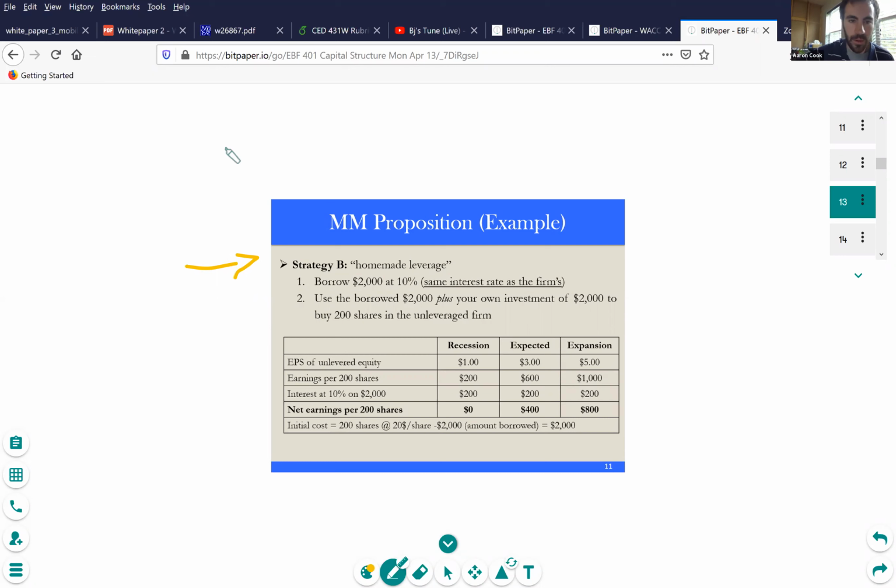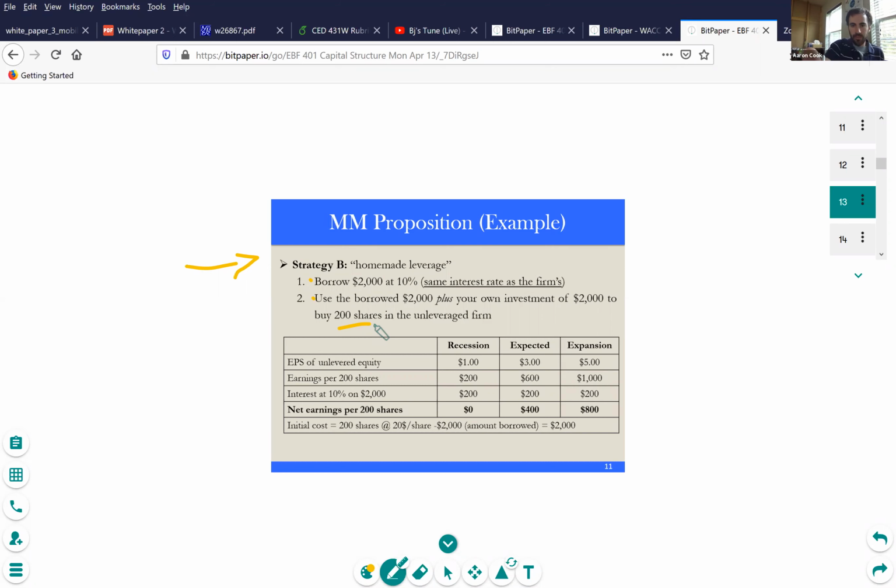This is going to be a similar type of problem for this investor, where he's going to borrow, in this case, $2,000 at 10%. So he's going to face, that was one of our initial assumptions, the same interest rate as the firm overall. He's going to borrow $2,000, and he's going to use that $2,000 of borrowed money and supplement it with $2,000 of his own money in order to buy 200 shares in the unlevered firm.